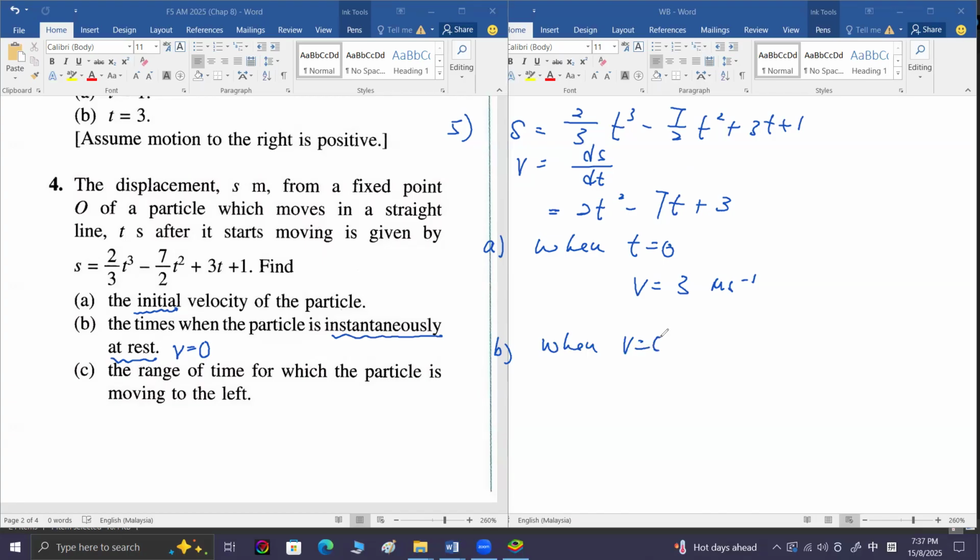When V is 0, you substitute here, class: 2t squared minus 7t plus 3 is 0. For this one, you can get it from a calculator, or factorize, remember? So you see from the calculator: 2 equal, -7 equal, 3 equal. I got 1/2 and 3.